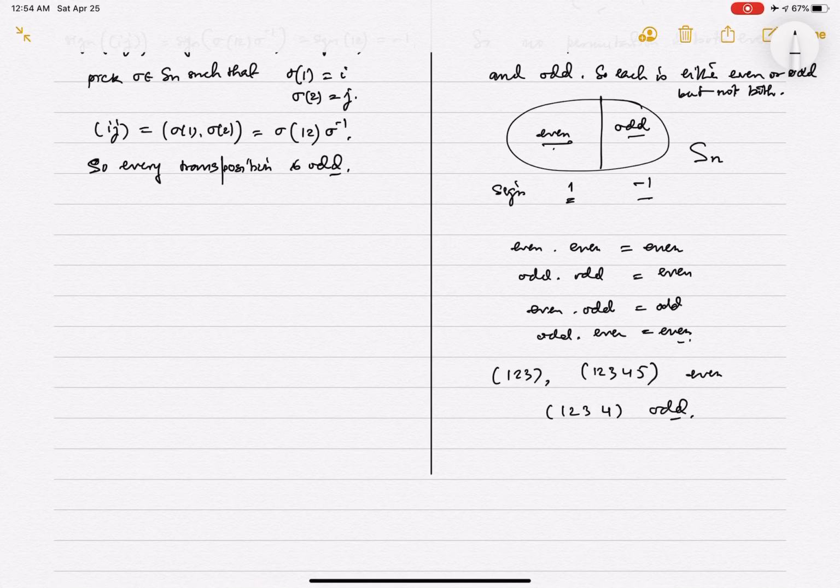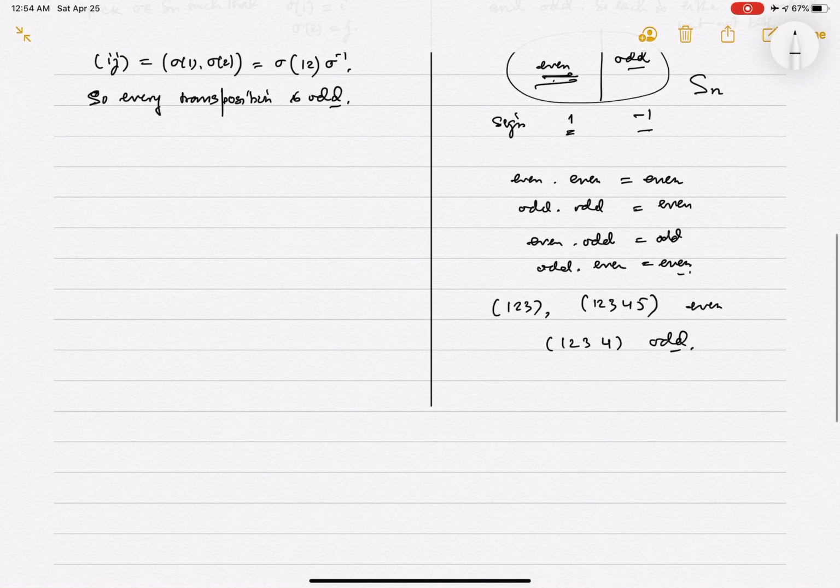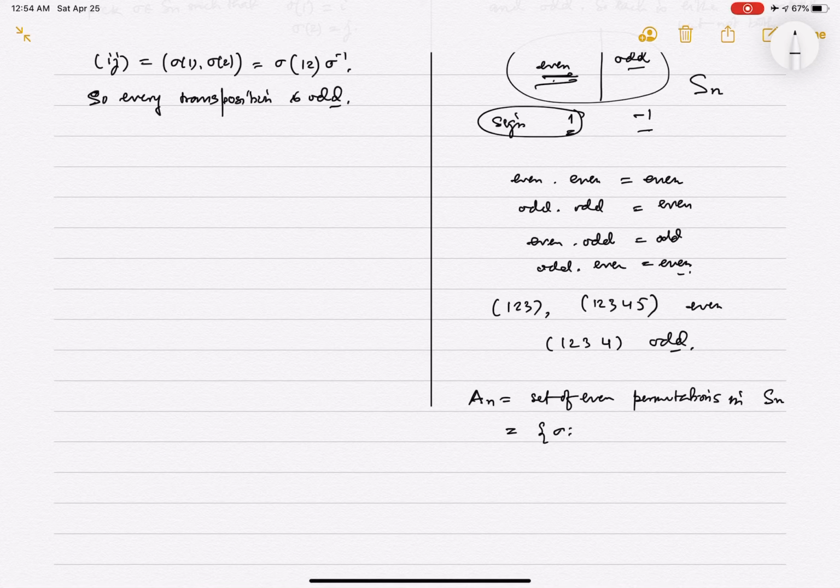And then finally, these even permutations, the same as the permutations of sign 1, are called the alternating group. It's the set of even permutations in Sn, which is the same as all sigma such that the sign is 1, which is the same as the kernel of this homomorphism, called sign.